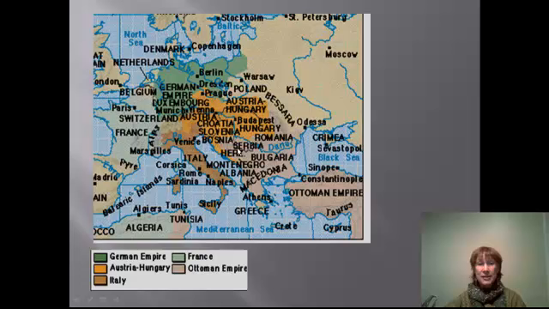So as Serbia is trying to expand and create a greater Serbia, we have Austro-Hungary here, who is also trying to create a greater empire by taking some of the lands that the Ottoman Empire is going to lose. So what we see is a serious conflict between Serbia and Austro-Hungary, and Russia is going to be supporting Serbia.